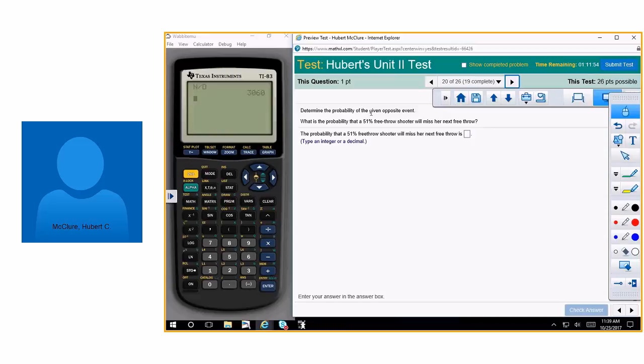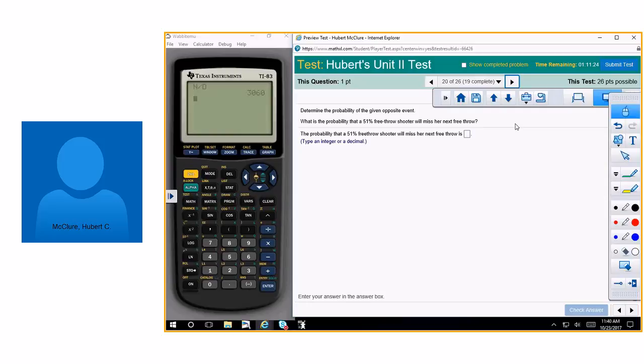Determine the probability of the given opposite event. What is the probability that a 51% free throw shooter will miss her next shot? Okay? Determine the probability. What is the probability that a 51% free throw shooter, what does that mean?